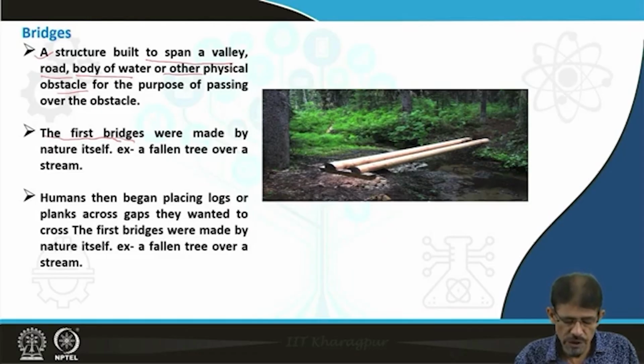So the first kinds of bridges were made by nature itself, due to erosion of a rock body up to a limited extent, or due to the falling of a tree over a stream or over a nala or over a river.